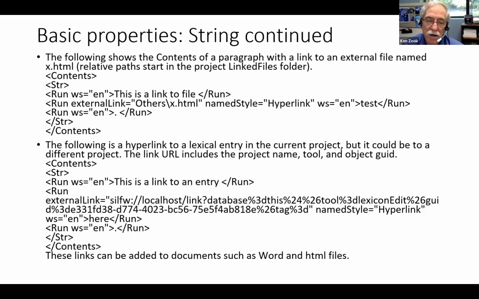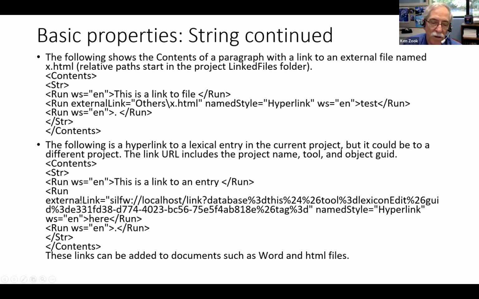Then the following is a hyperlink to a lexical entry in the current project, but it could be to a different project. The link URL includes the project name, tool, and object GUID. So here we have another plain str, with a run that gives the text.